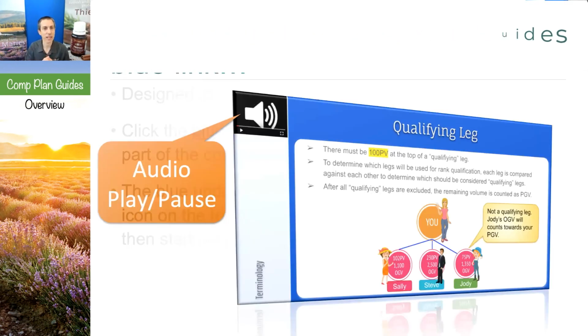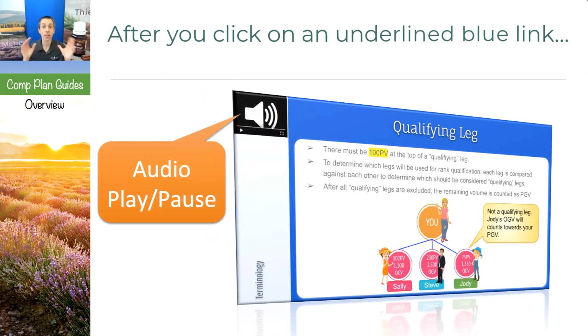When you actually click on one of those links, this is what it's going to look like. It's going to bring up a page in your browser, and on the top left-hand corner of that will be a little video with a picture of the speaker, and that's actually an audio. That audio is me speaking about what you're seeing on the screen and explaining what that component of the comp plan is that you clicked on and wanted to learn more about.